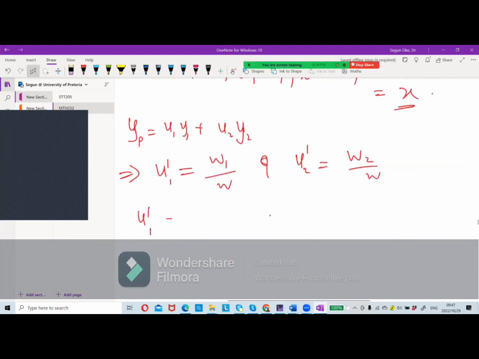So let's look at U1 prime now. Our U1 prime is the same thing as, what is W1? Please check. Minus S to the power minus 4, which is 1 over S raised to power 4. Right? Yes, sir. Divided by, what is W? W is minus 5S squared. Is it minus or 5S squared? It's minus, sir.